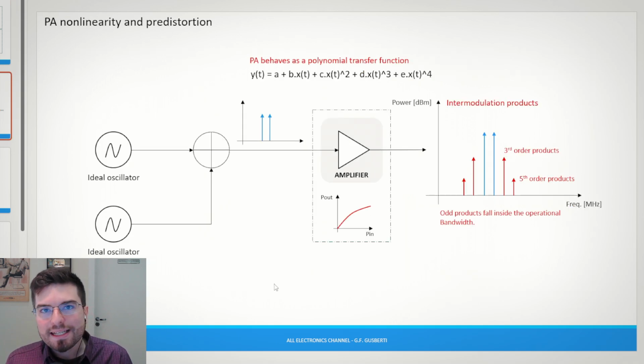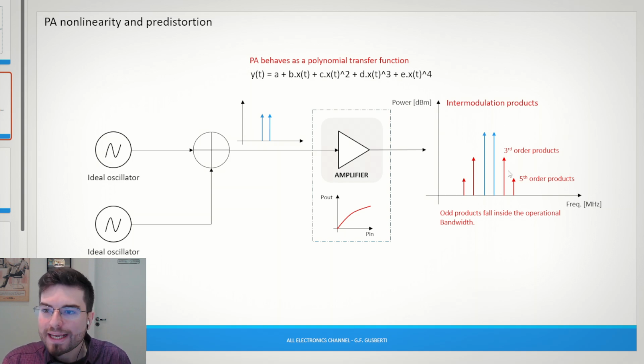Take a look at this. We can easily see the distortion generated by an amplifier, and this is actually a common way of measuring the distortion when we apply two very clean signal sources to the input of the amplifier. So we have here two ideal oscillators generating two very clean signals, and we see that we have only two frequency components. Of course, this summing block here is a linear process. But when we excite the amplifier with this two-tone signal, we see that in the output of the amplifier, we have new frequency content.